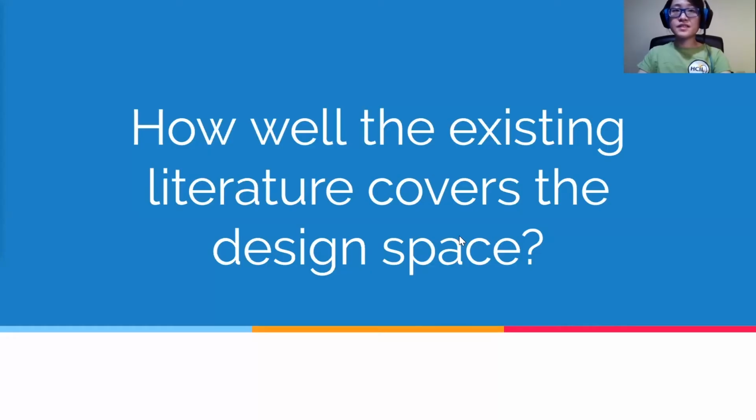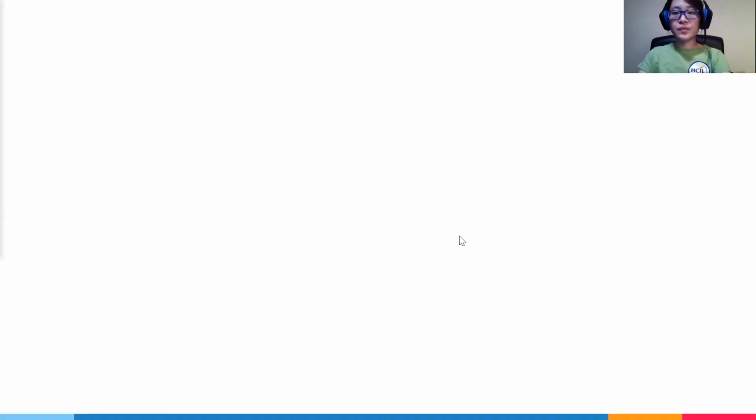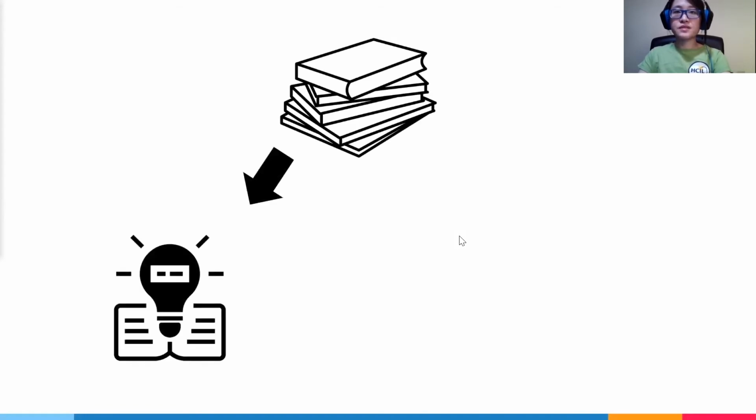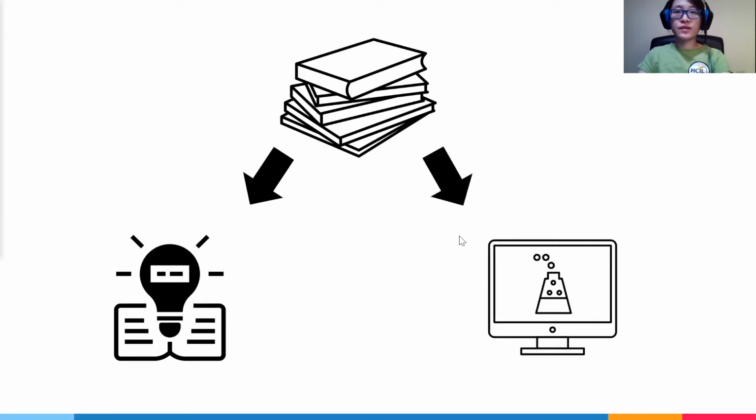After the clear definition of the visualization design space and the paper collection process, we now seek to understand how well the related literature covered this space. We separate the existing literature into 2 categories, theoretical principles and experimental evaluations.